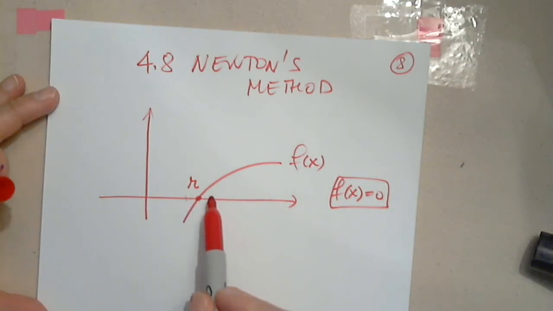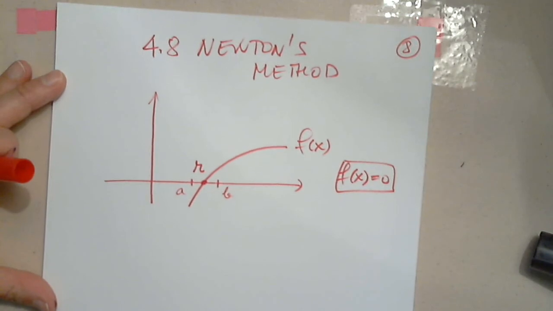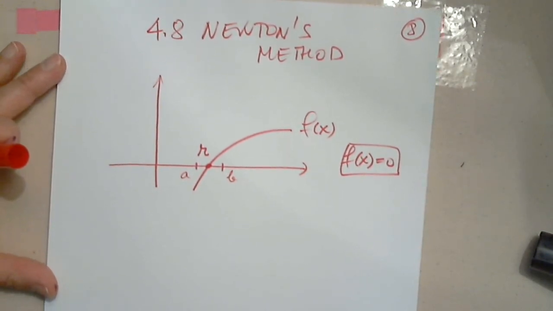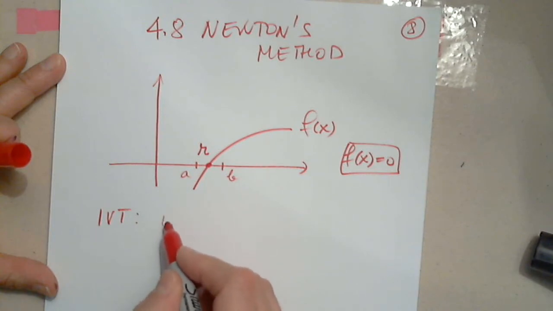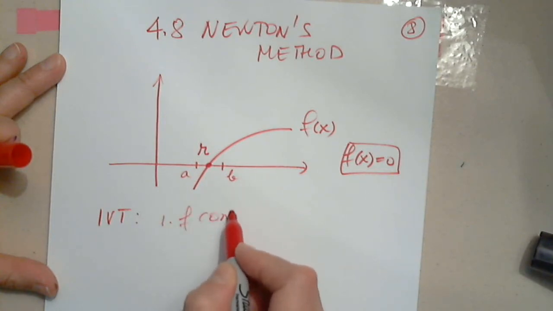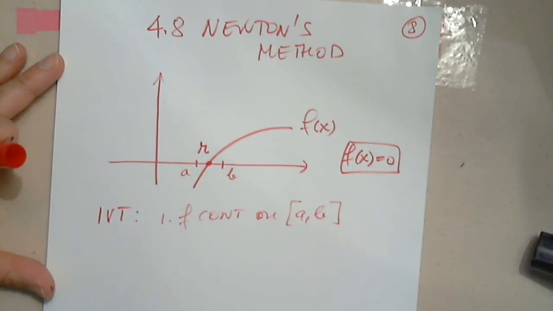Let's suppose that I use the intermediate value theorem to determine an interval where the function crosses the x-axis. So by the IVT, I will say number 1, function continuous on the interval a comma b.